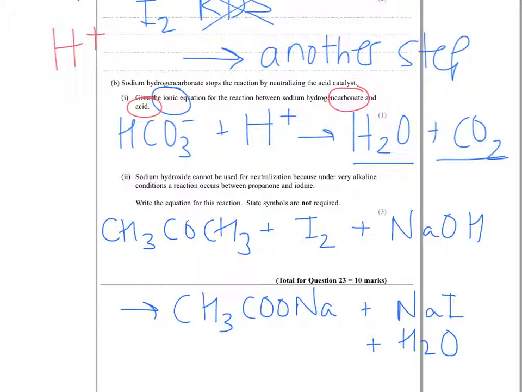You do need to balance this as well. You should have 3 iodines, 4 sodium hydroxides, 3 sodium iodides, and 3 waters. As I said, this is the triiodomethane reaction.